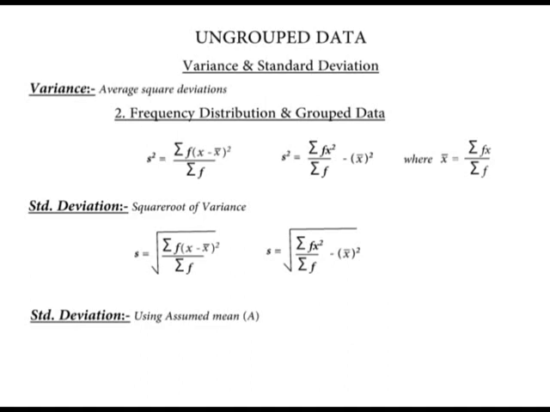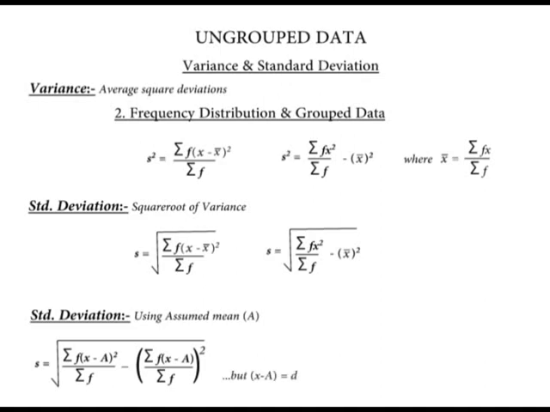Standard deviation will be equal to the square root of summation of f times x minus a squared over the summation of frequency minus the summation of f times x minus a over summation of frequency, everything squared. But given that x minus a is equal to d, then the standard deviation formula becomes the square root of the summation of fd squared over the summation of frequency minus the summation of fd over summation of f, squared.